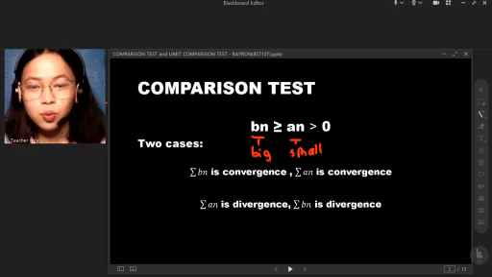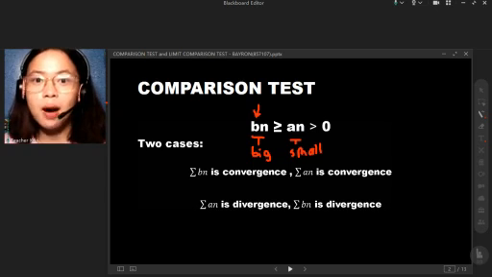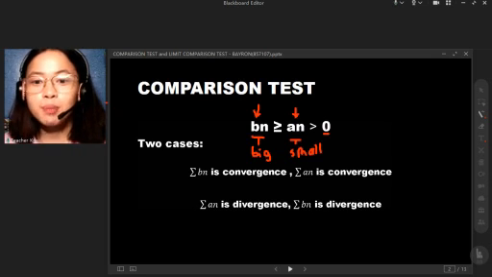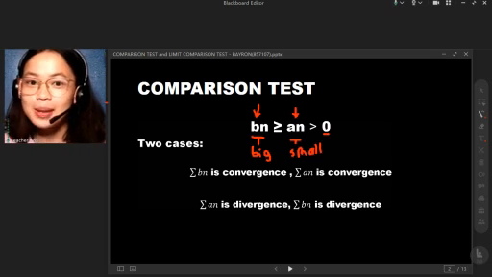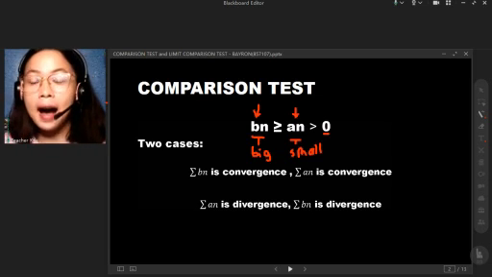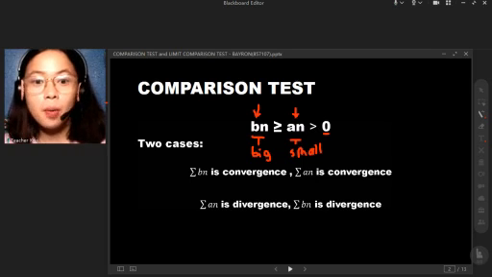We're going to consider that the big sequence is greater than or equal to the small sequence, and the small sequence is greater than 0. So we're going to use it to perform the comparison test. And of course, we're going to have two cases when performing the comparison test.